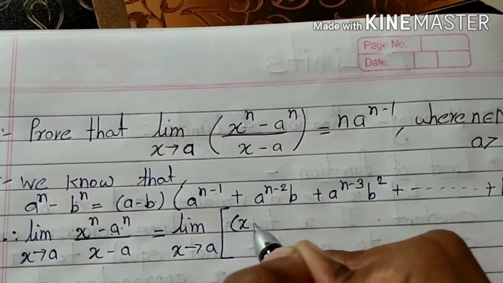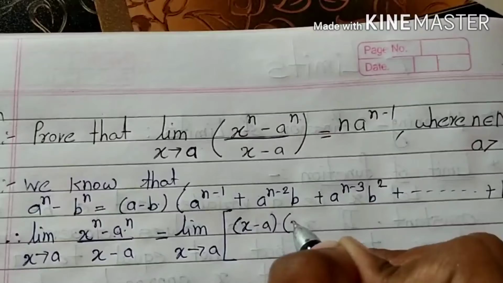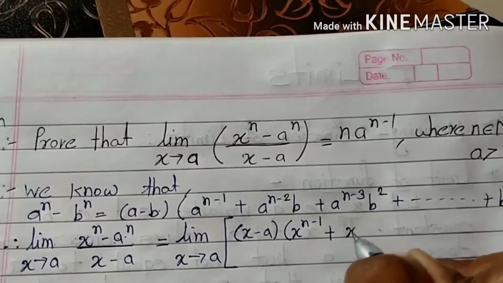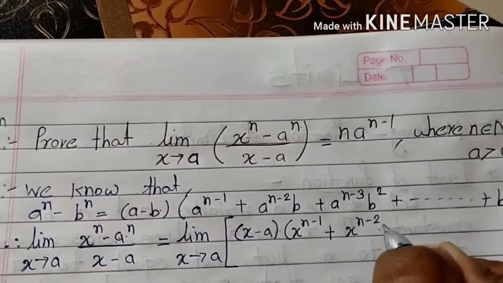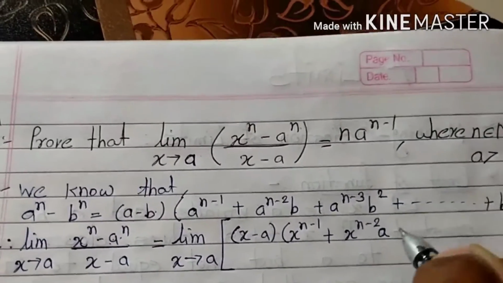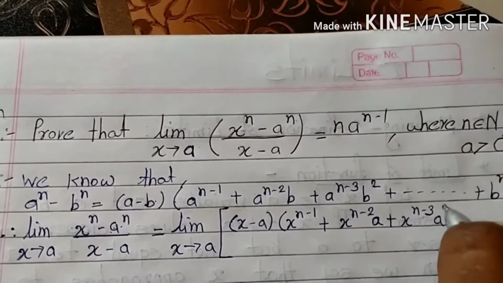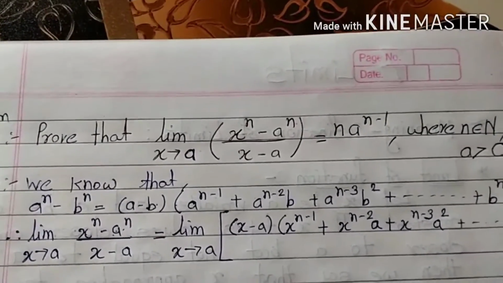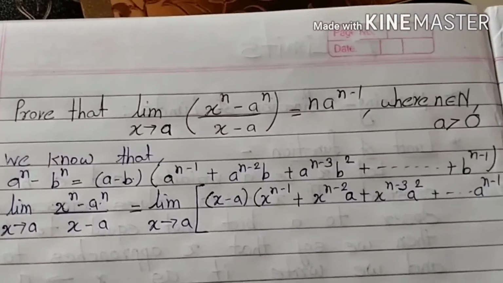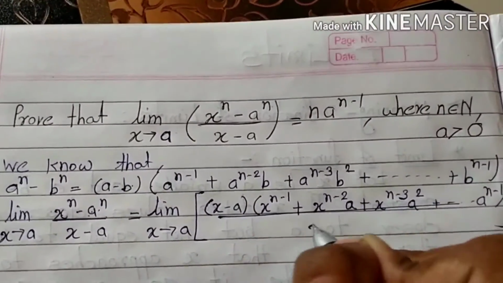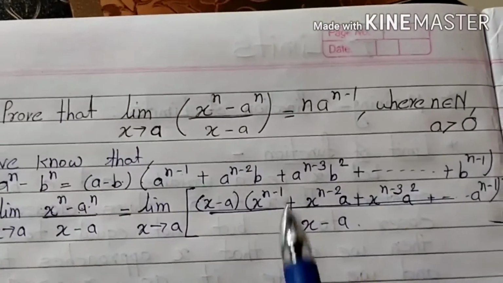So it is like that: (x minus a) times (x raised to n minus 1 plus x raised to n minus 2 a plus x raised to n minus 3 a square, and the last term a raised to n minus 1). So here we complete, and this is x minus a, x minus a.